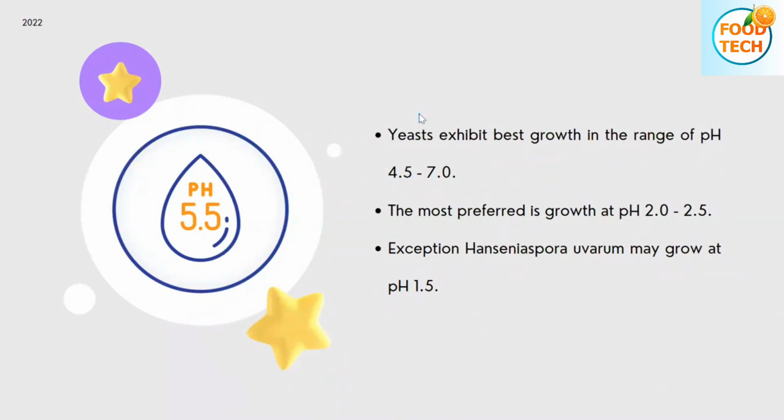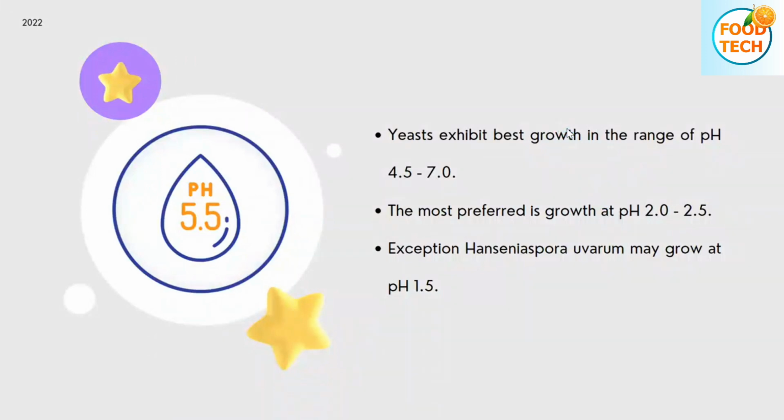Food processors keep it in mind whenever they are maintaining the pH of the food, that yeast and mold are the most notorious ones. They provide certain preservation techniques which can hinder their growth. Optimal pH is 2 to 2.5, so highly, highly acidic.